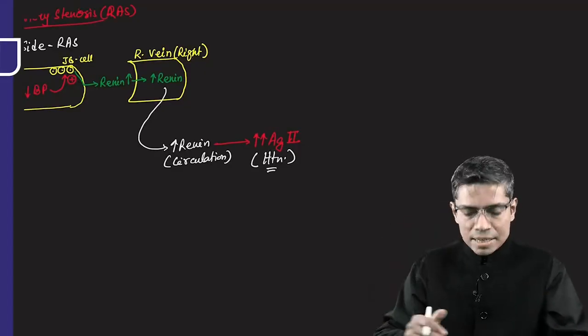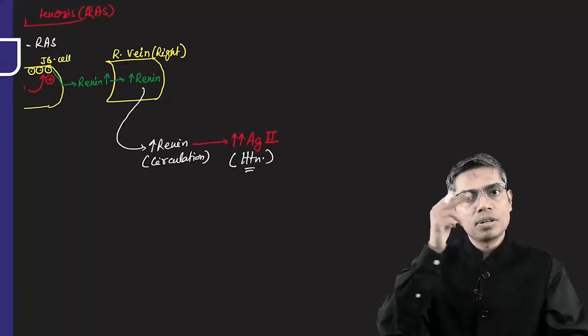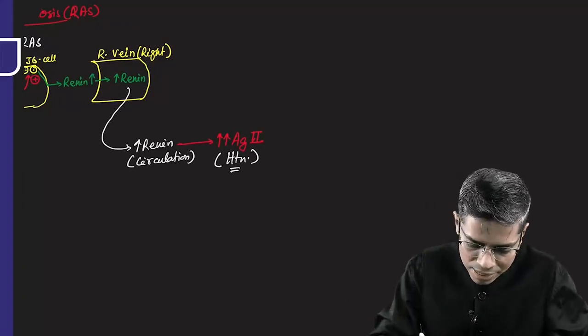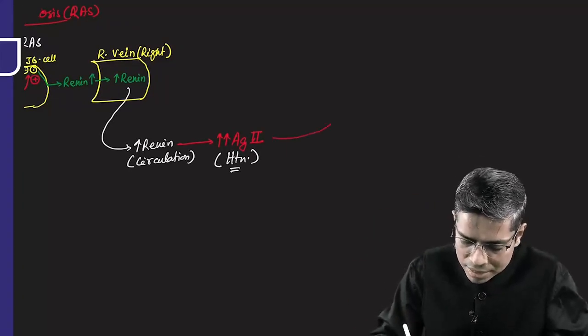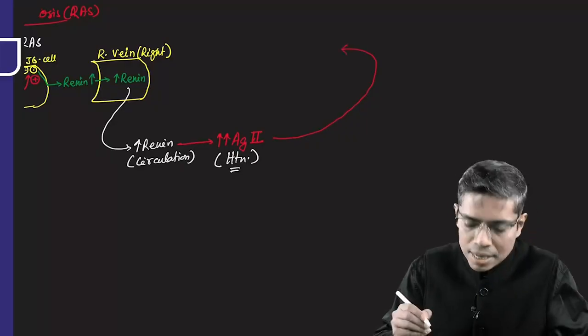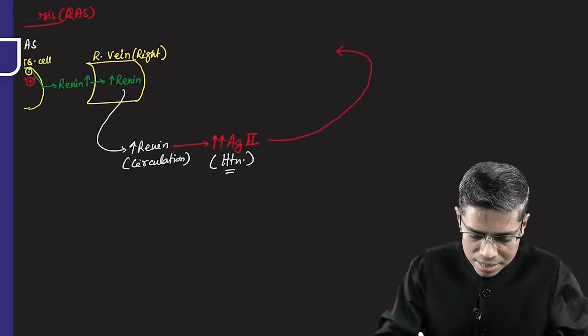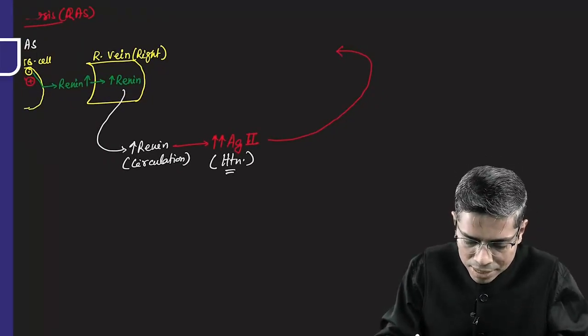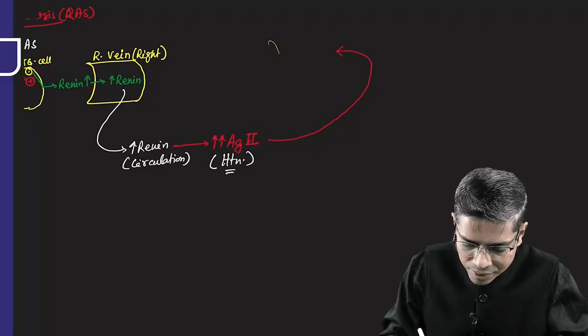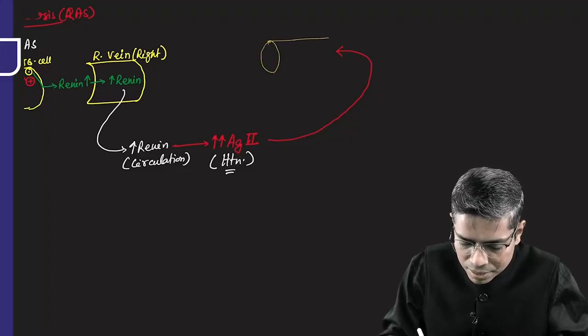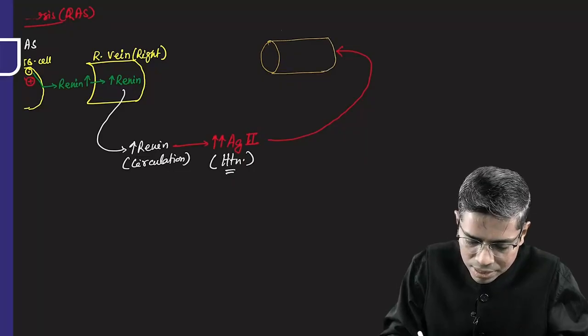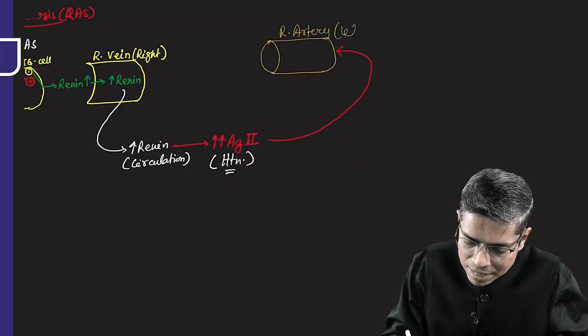Now this increased angiotensin is flowing through your circulation. When it reaches the renal artery on the other side, now I am drawing the renal artery here. So this is the renal artery on the other side, the left-sided renal artery.